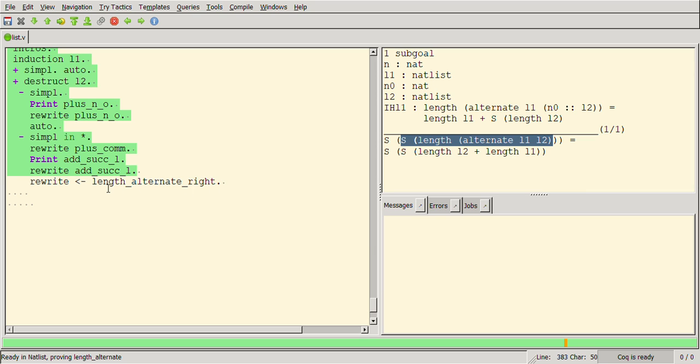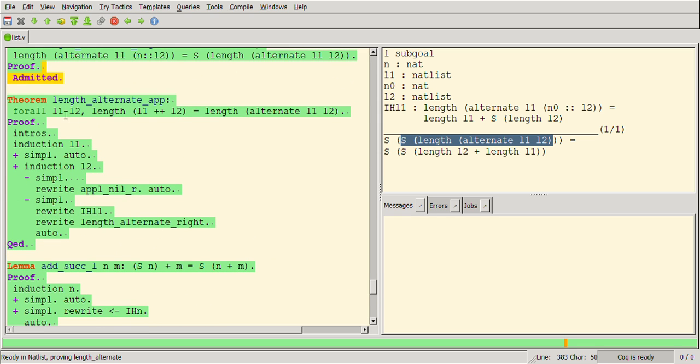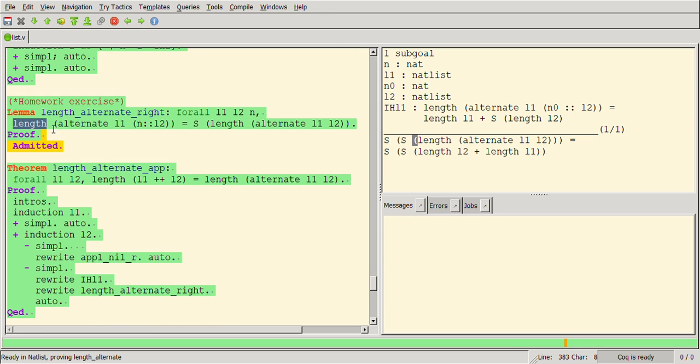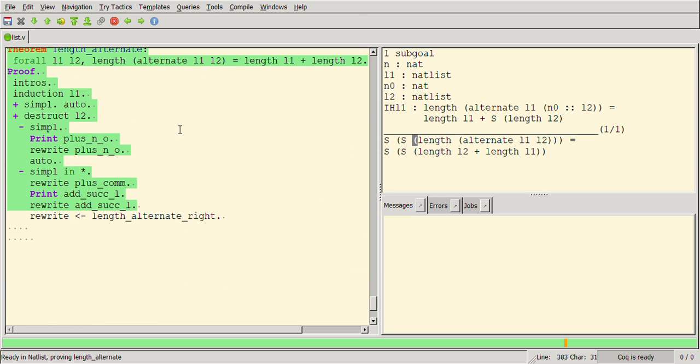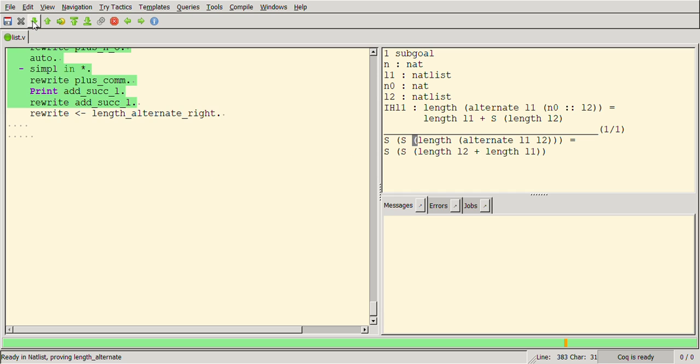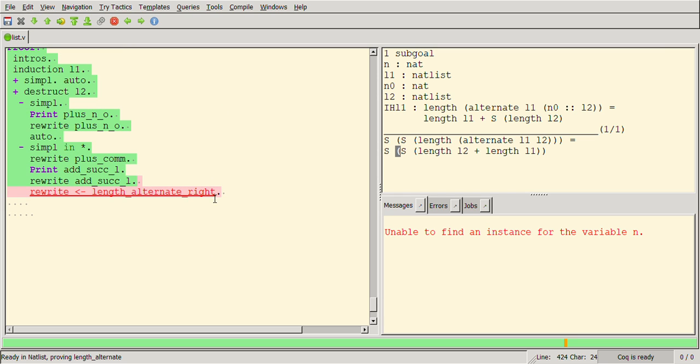Then we would be able to replace this term with a term similar to this one. So let me rewrite it from right to left. Found no subterm. Again, we have the same problem. So where is the problem?